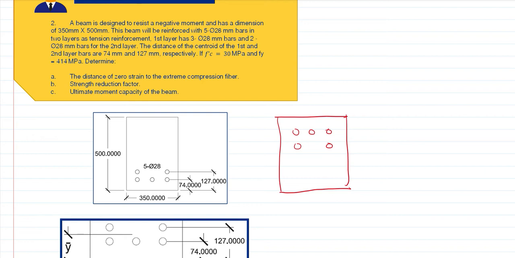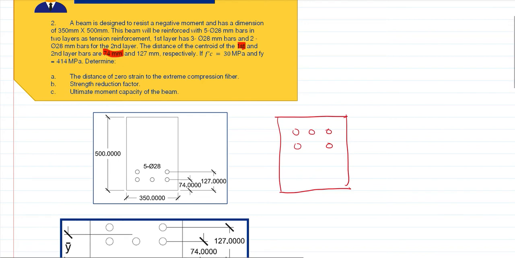So on the first layer, meron kang tatlong diameter 28 and on the second layer, meron kang dalawang diameter 28. Then isa pa, binigay na yung distance ng centroid ng bawat isang layer. So sabi, the first and the second layer, respectively. So ibig sabihin, ang first layer is 74 mm.